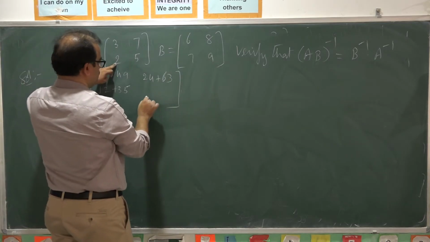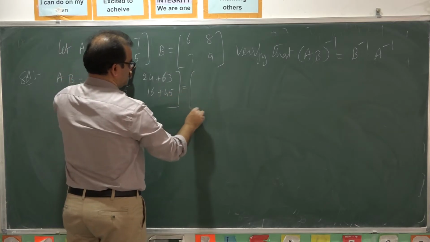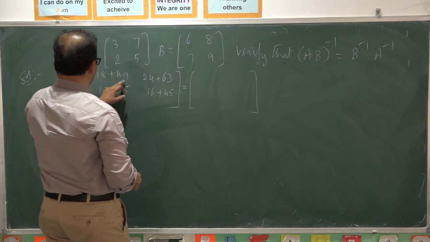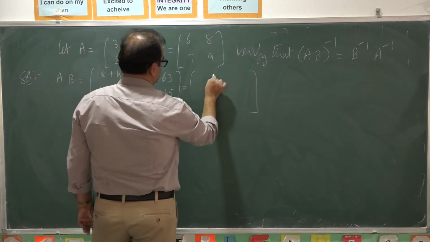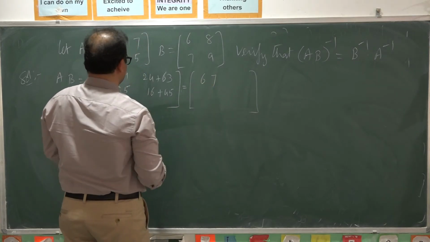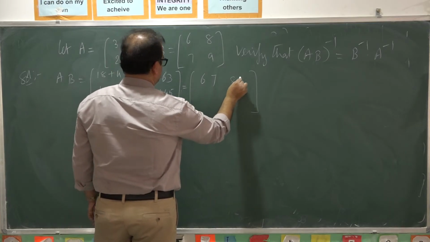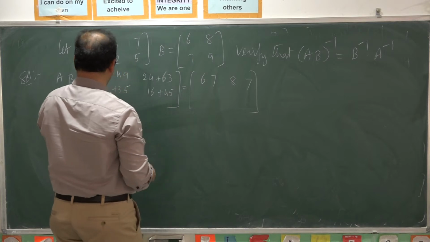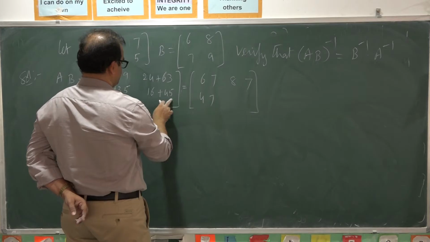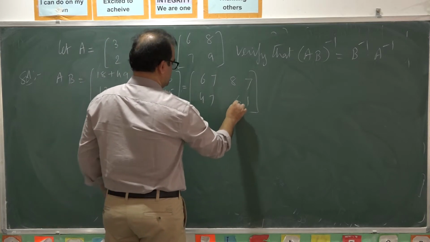Second row, second column: 2 into 8, 16, plus 45. 18 plus 49 is 67. It is 87, 47, 61.